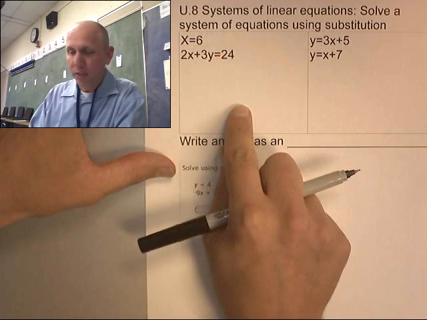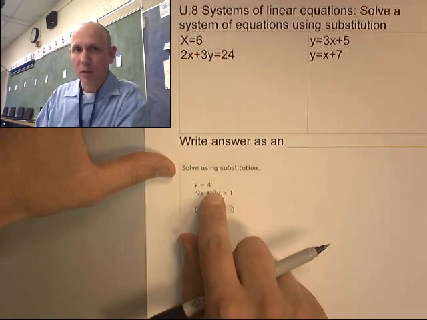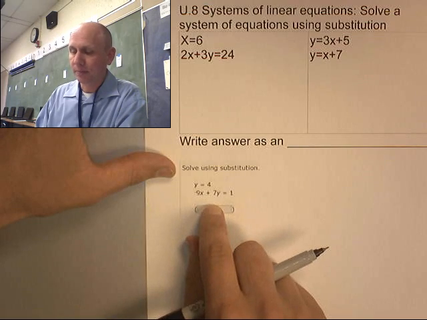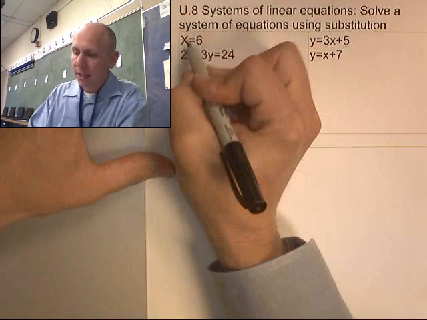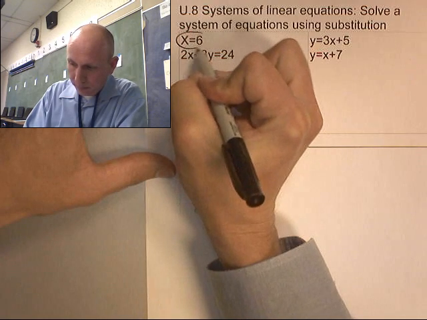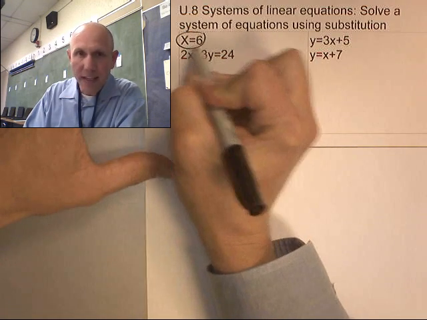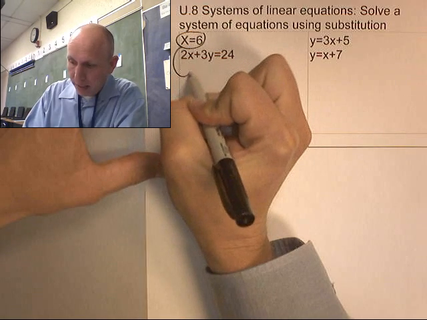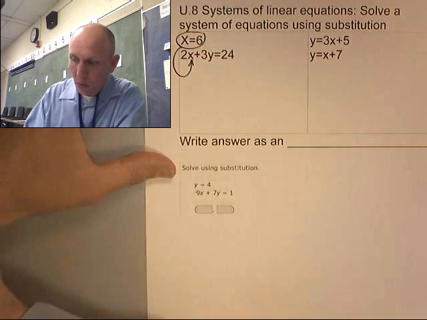Here's what I'm going to end up doing. I'm going to give you some instructions here, and then we'll hopefully be able to follow the instructions when we actually do some problems. X equals 6. I'm going to take that 6 and plug it in where X is.